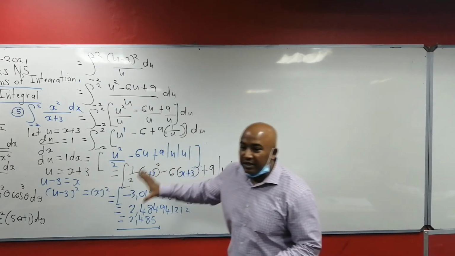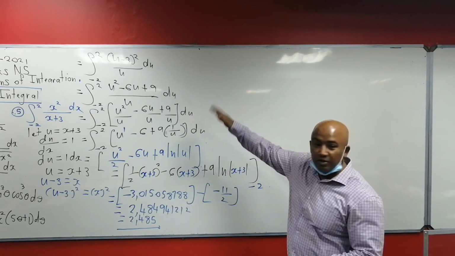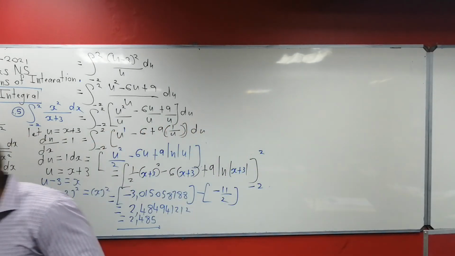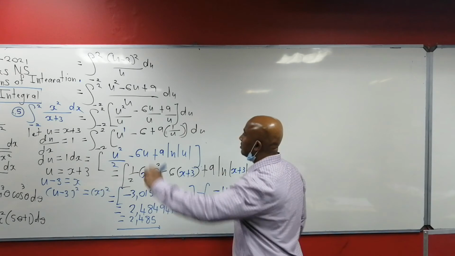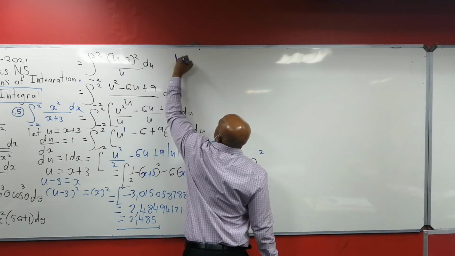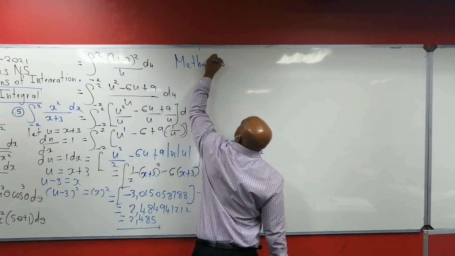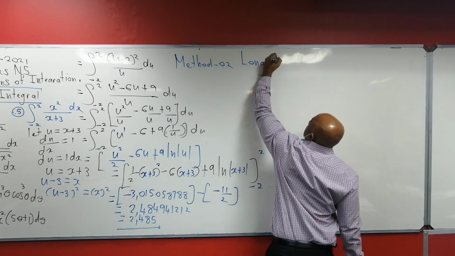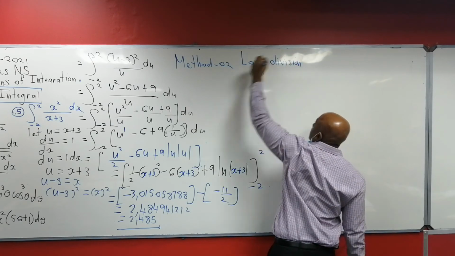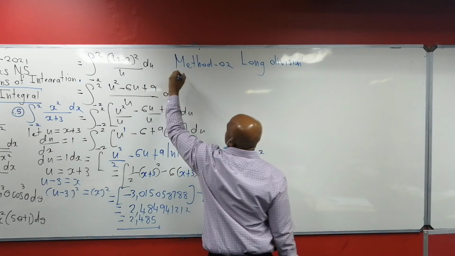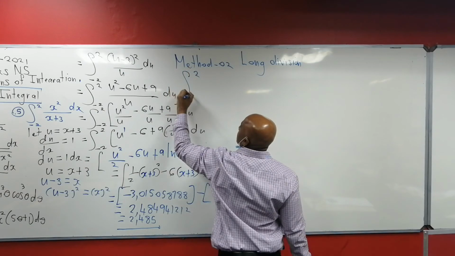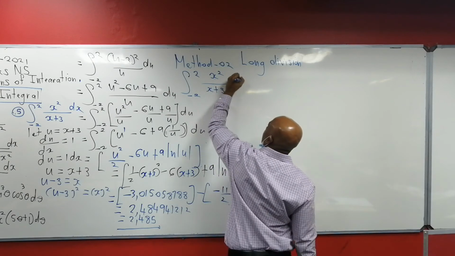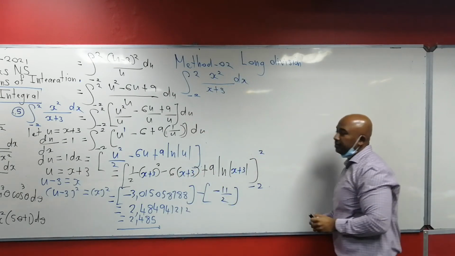Alright, so that was method number 1, using U substitution. Now, method number 2. Long division. Right, so long division.